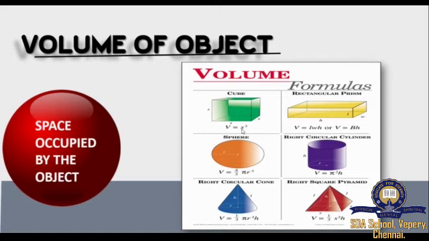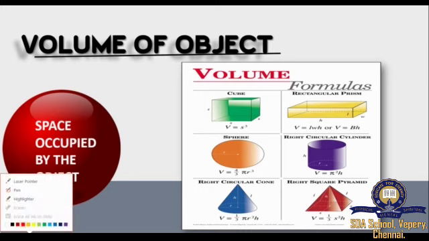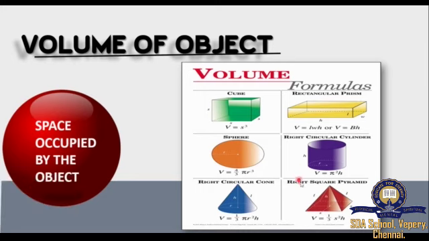In case of a right circular cylinder, it is pi r square h. You have to multiply the area of the circle at the bottom and the height of the cylinder, right? So these are the formulas we have already learned.